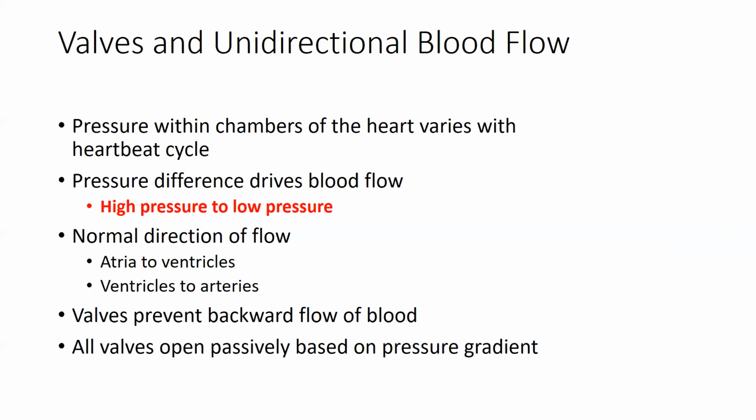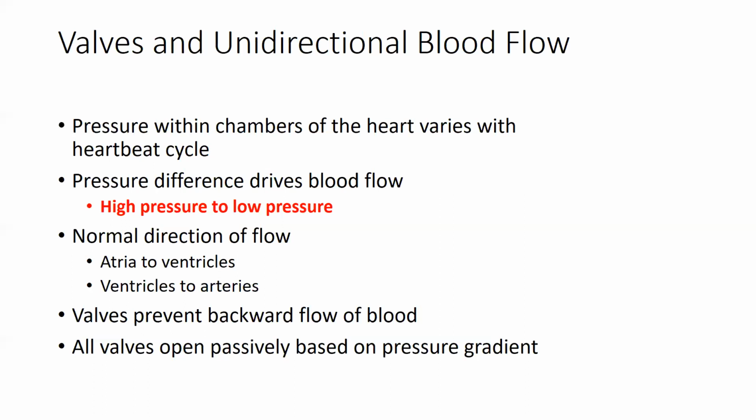And that's going to happen because of the different pressure gradients that it creates in the different chambers. So when pressure rises in the ventricles, the ventricle is going to contract and it's going to empty. When pressure is lower in the ventricle, it's going to relax and it's going to fill.